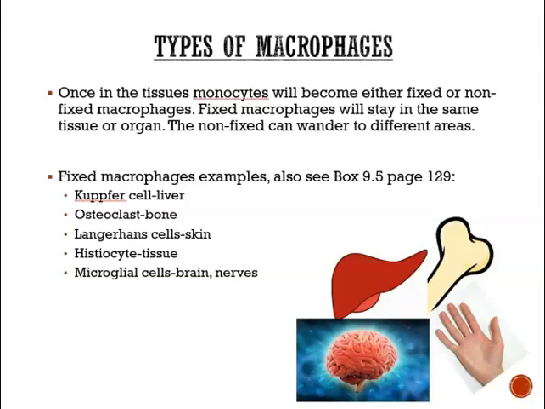If a fixed macrophage lives in the liver, it becomes known as a Kupffer cell. If they become mature and live in the bone, they become known as osteoclasts. For the skin, they're known as Langerhans cells. Macrophages in the tissue are called histiocytes. Macrophages in the brain and nerve tissue are called microglial cells.